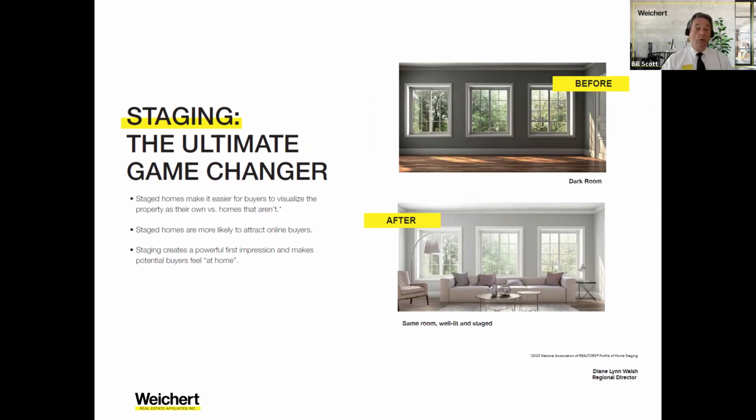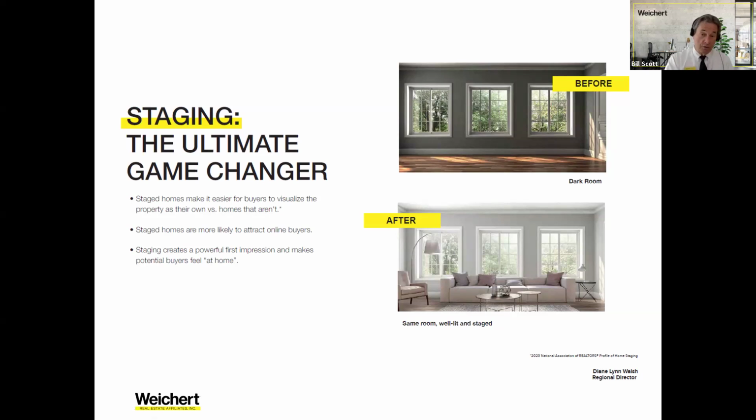Here, if we want to talk about virtual staging, we'll talk about virtual staging. If you've got a house that's vacant, it's a no-brainer that you want to do some virtual staging because it makes it easier for people to see themselves in the home. If you've got a home with old, shaggy, tired furniture, you might want to do the virtual staging to make it look better.